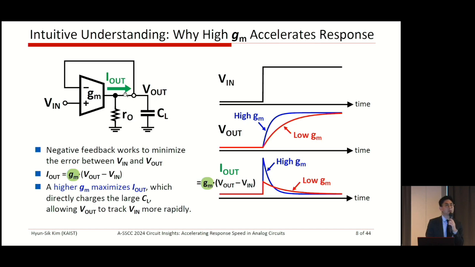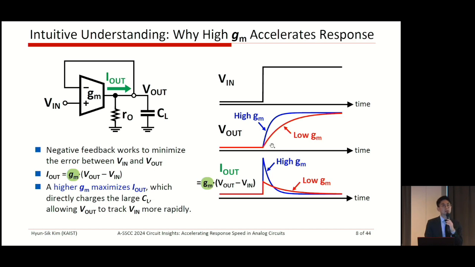And this output current comes from the transconductance cell, and therefore can be modeled as the output current, which is equal to the transconductance times V out minus V in, right? And initially, the difference is very large. So if the GM is designed to be very high, we can generate a very high initial output current, right?